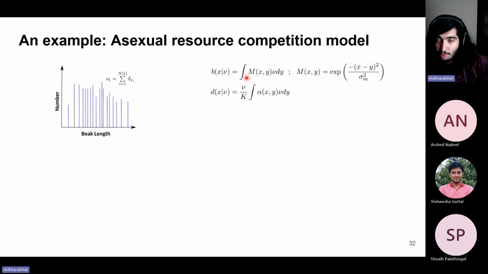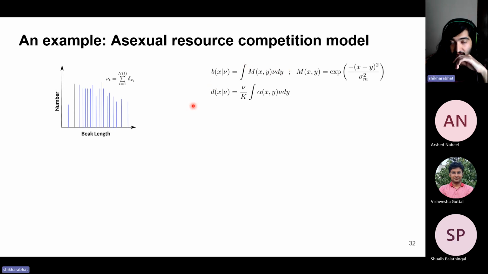And so this birth rate is supposed to model this sort of mutation. The idea is you take exponential of this mutation kernel, exponential of minus (x minus y) square, multiply it with the current density at y, which nu will give you. Remember, this integral of m nu is just the summation of m evaluated for each individual, and you have what you want.